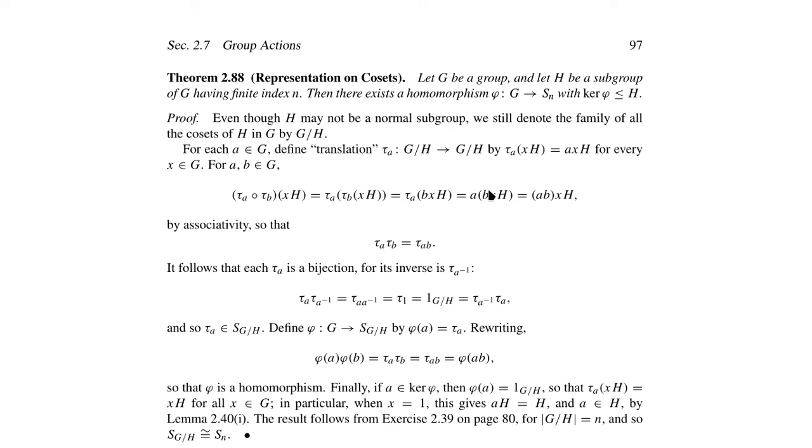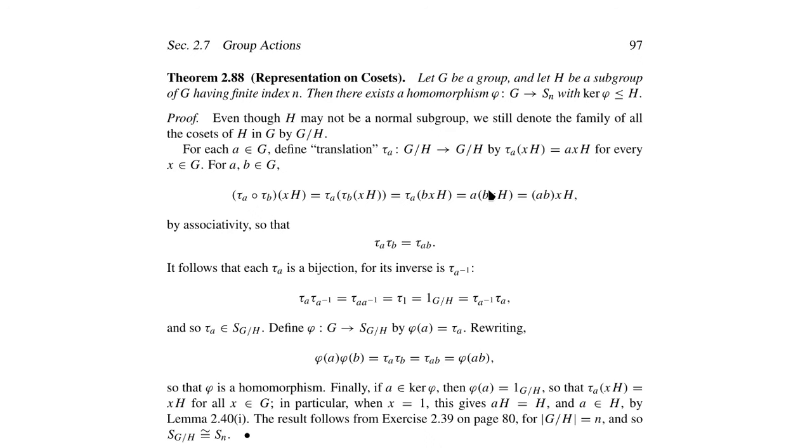So the translation map here, tau A, takes you from G mod H to G mod H by taking every coset and essentially translating it by the element A. So tau A of XH gives you AXH, right? So that's another coset in G mod H.